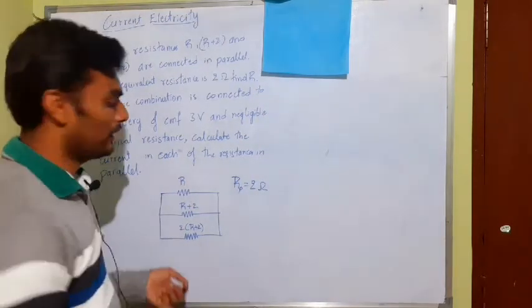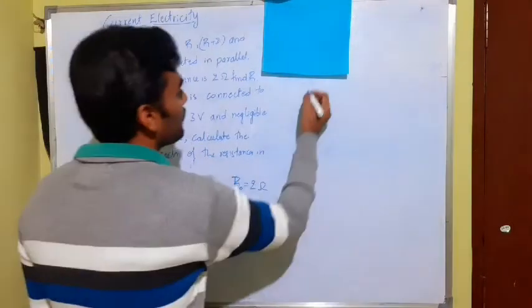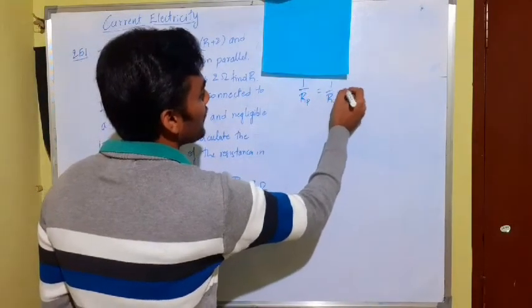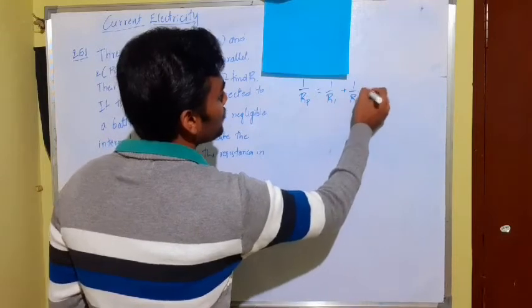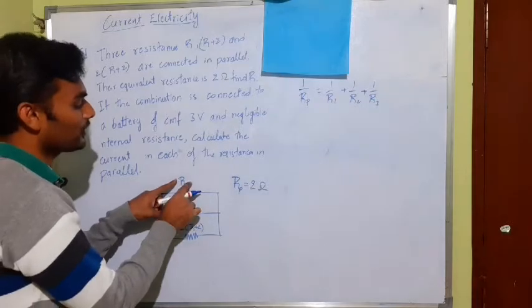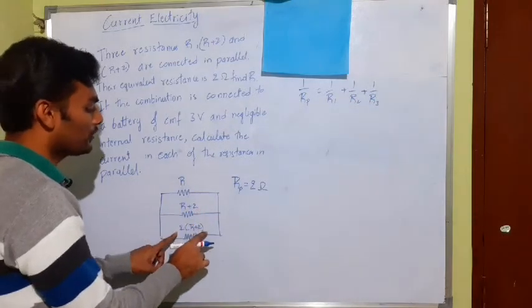So for the parallel combination, you write our formula once: 1 by Rp is equal to 1 by R1 plus 1 by R2 plus 1 by R3, because we have three resistors. This can be considered as R1, this as R2, this as R3.